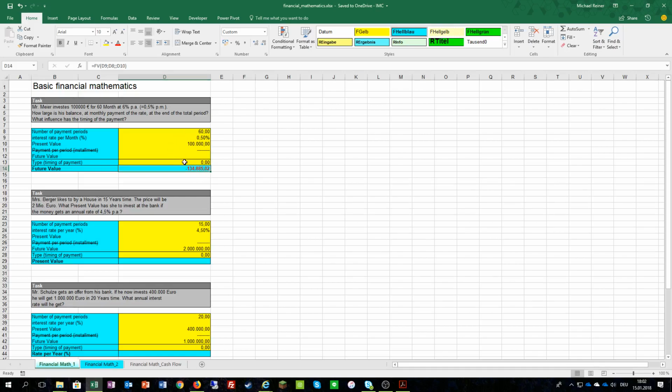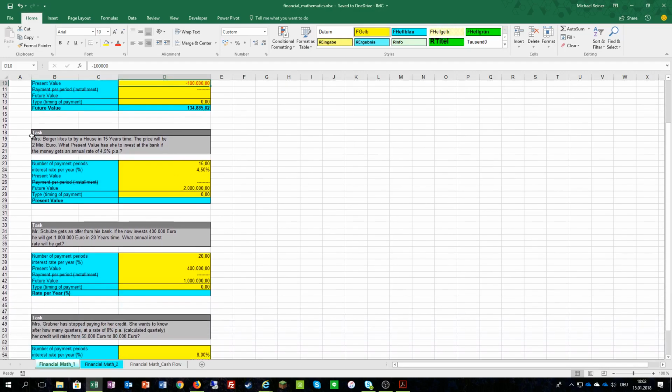But later on it might become difficult, and that's the reason why I have decided that if I'm giving away money, like the 100,000 here, I will always put it with a minus, because I'm not very happy about giving away money. But if I'm getting money, like with the 134,000 here, I'm taking it as a plus, because I'm very happy about getting money. So that's how I deal with it.